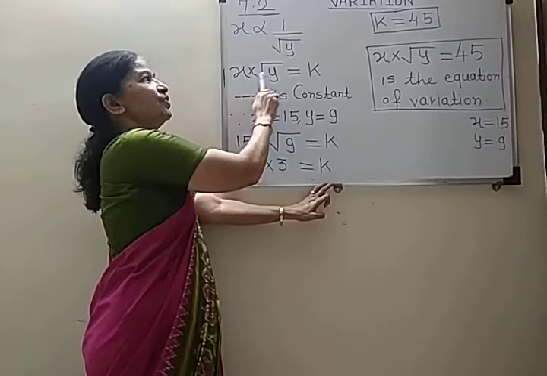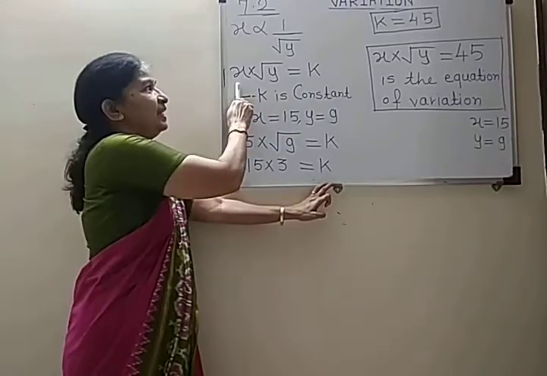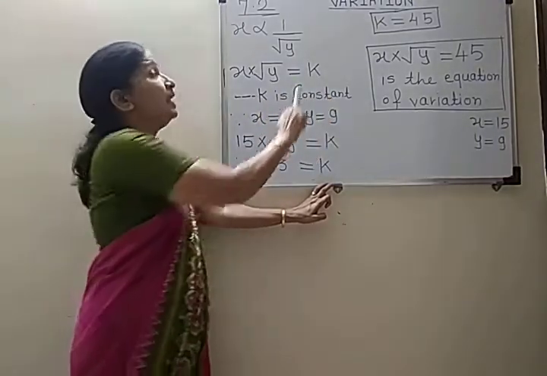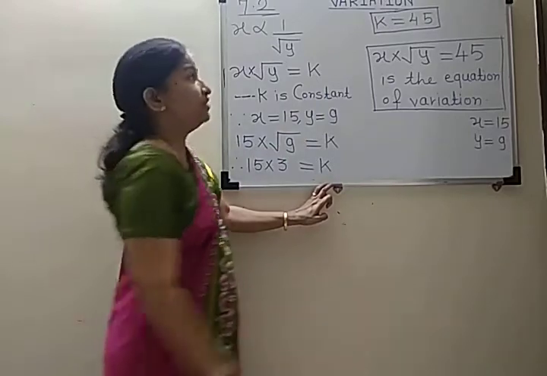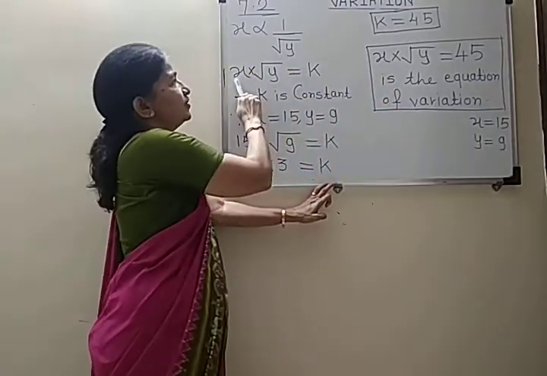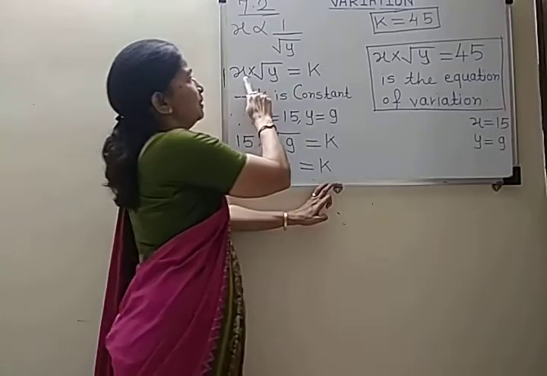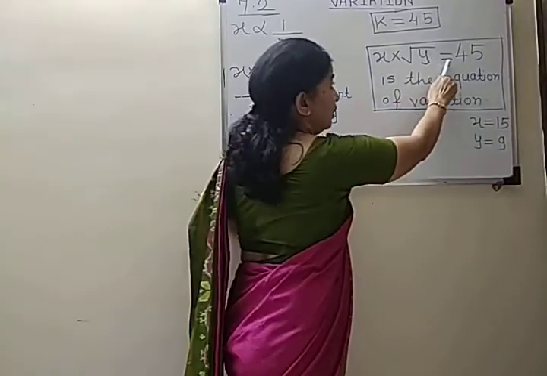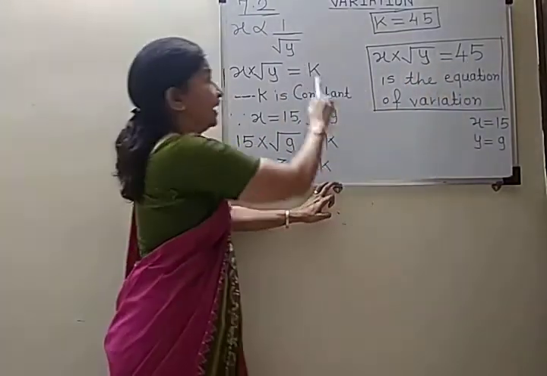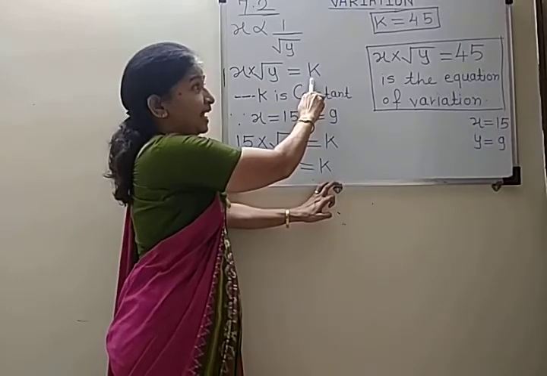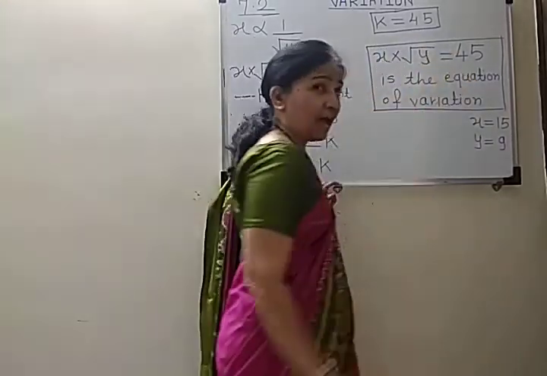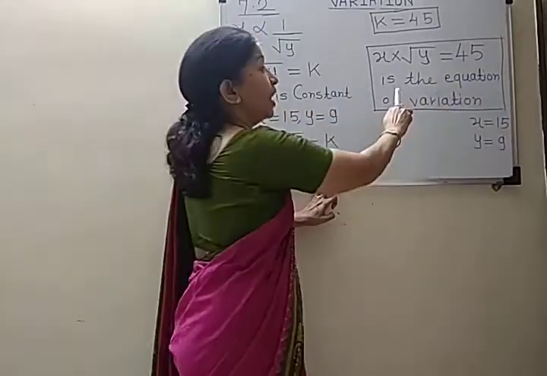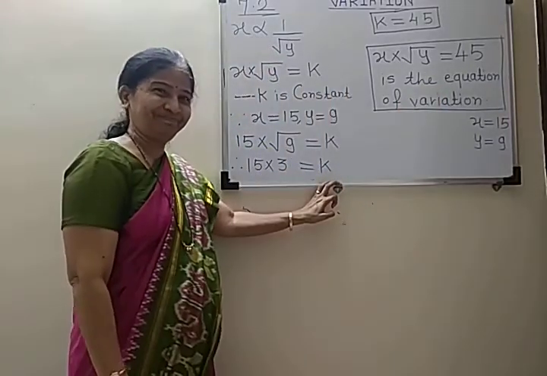I wrote this second step as it is. Just I substituted the value of k which is constant, means x into root y is equal to 45. This is the equation of variation.